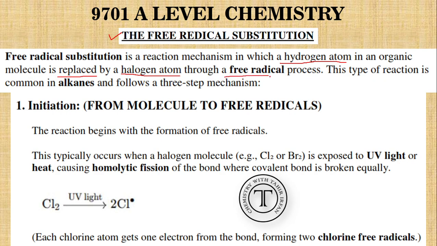Now, what are free radicals? Basically, free radicals are atoms or groups of atoms which have a single unpaired electron on them. For example, if I say Cl with a single dot, this is a free radical.